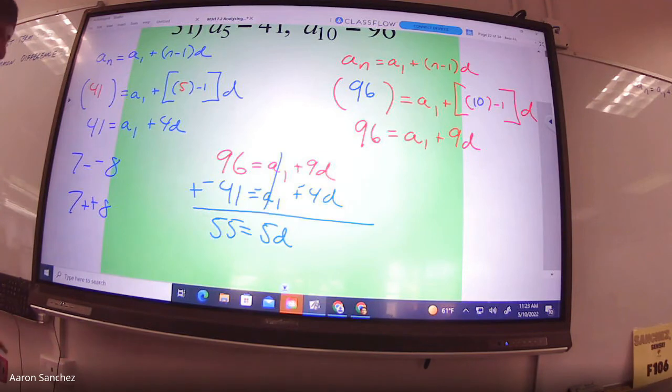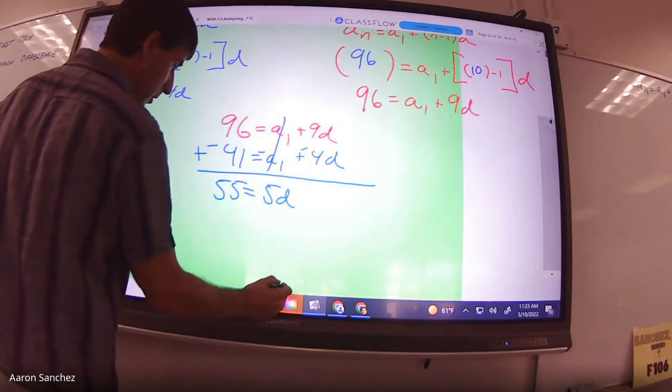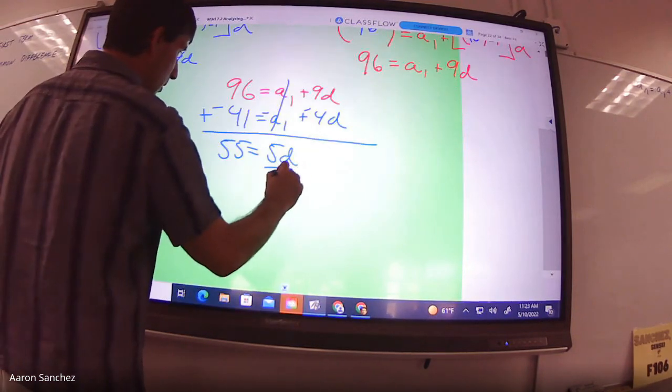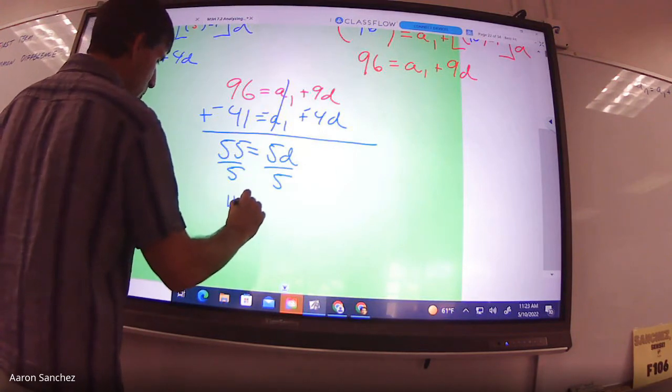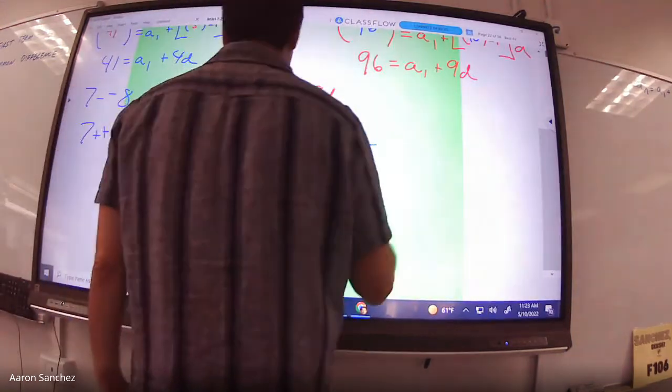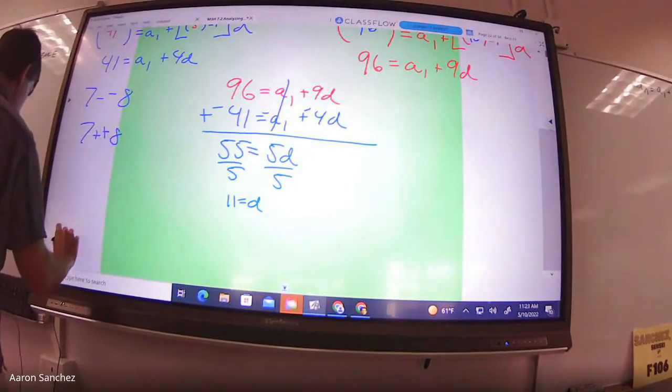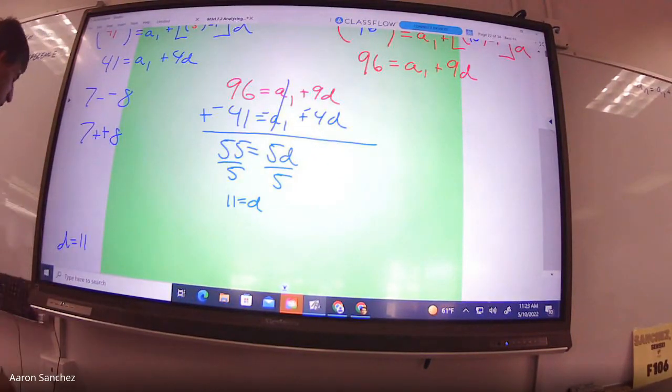Divide by 5. Isn't it negative? Oh, wait. Is it negative? It's positive. 11 equals d. d equals 11. Do I have my common difference? Yes.